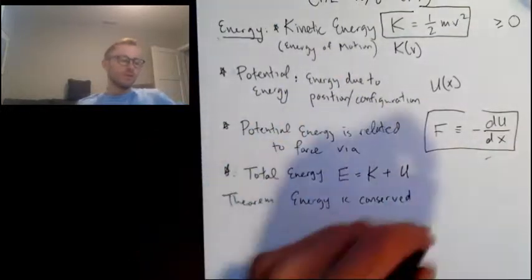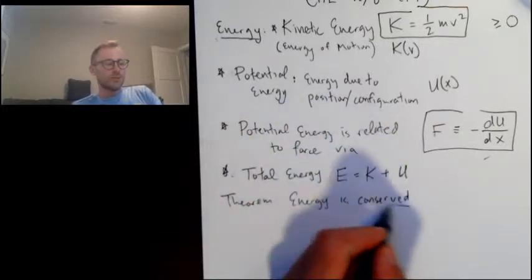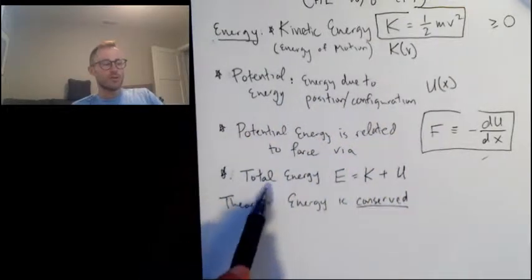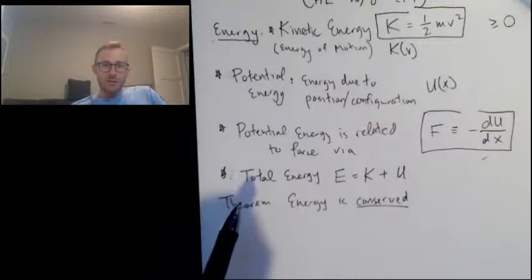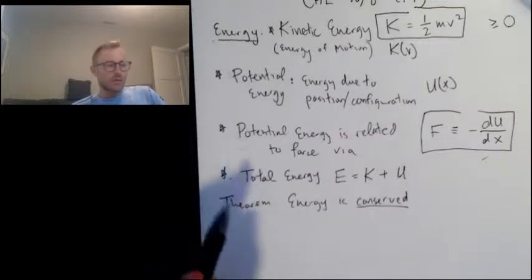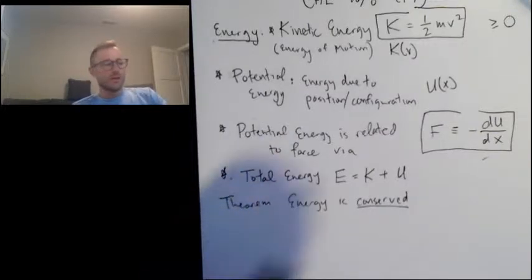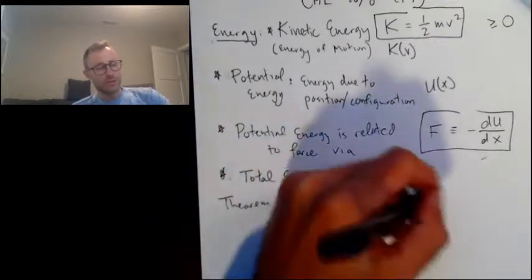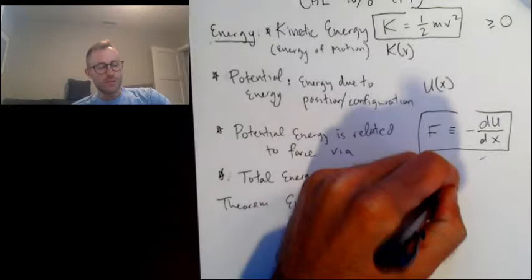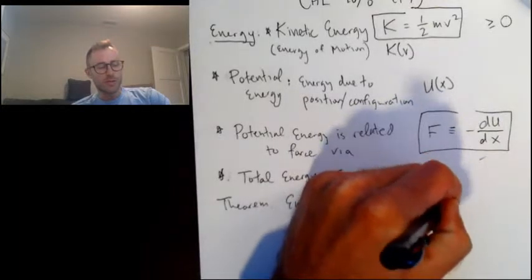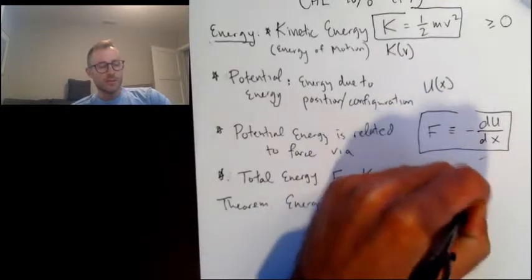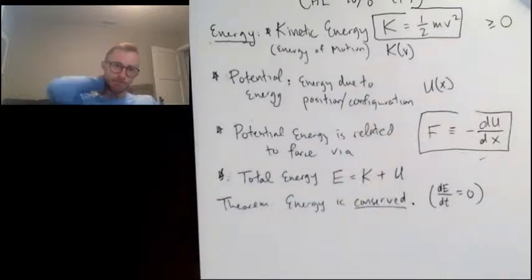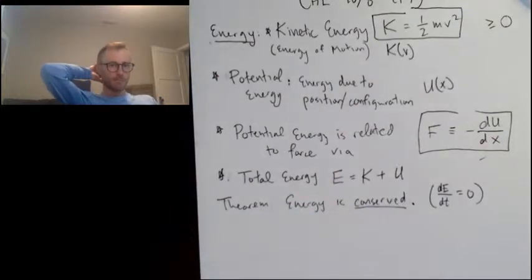So what does it mean to be conserved? It means that the value of the total energy is not changing as time goes on. Another way of saying that something is not changing as time goes on is saying that its derivative with respect to time is equal to 0.